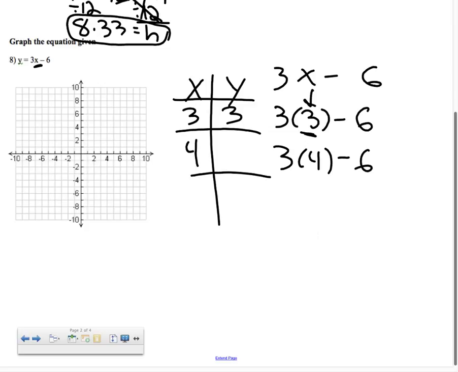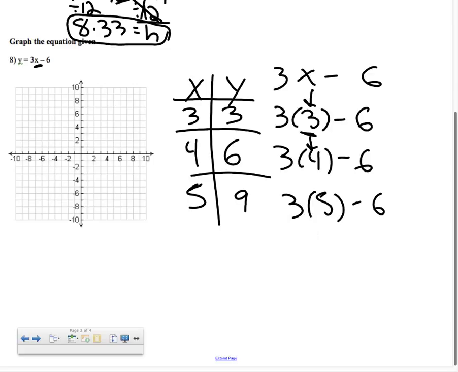So here I replace it with the 3. Here I replace it with the 4. In this case, I get 6. I could do another one like, say, 5. So 3 times 5 minus 6. I'm not sure why I put 15 there. So 3 times 5, that's 15. Minus 6 would give you 9.